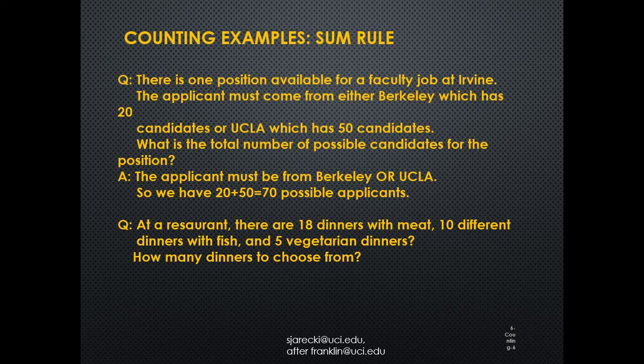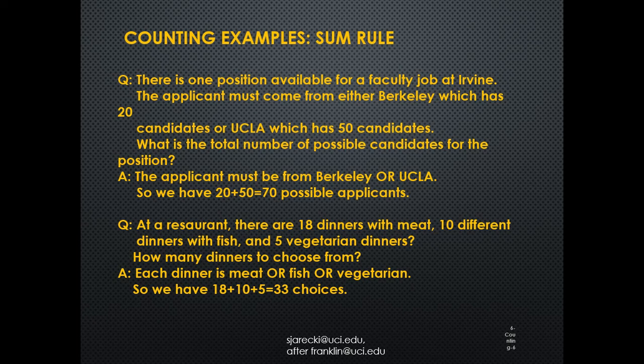At a restaurant, there are 18 dinners with meat, 10 different dinners with fish, and 5 vegetarian dinners. How many dinners are there to choose from? So the answer is each dinner is meat or fish or vegetarian.